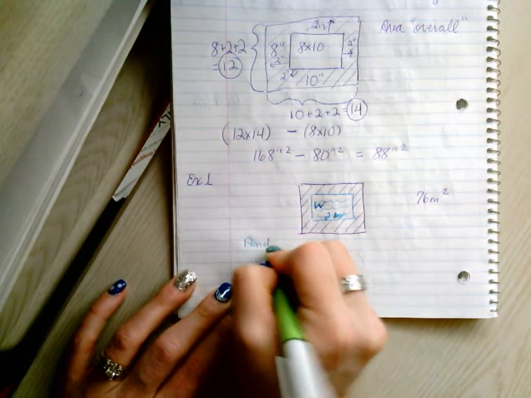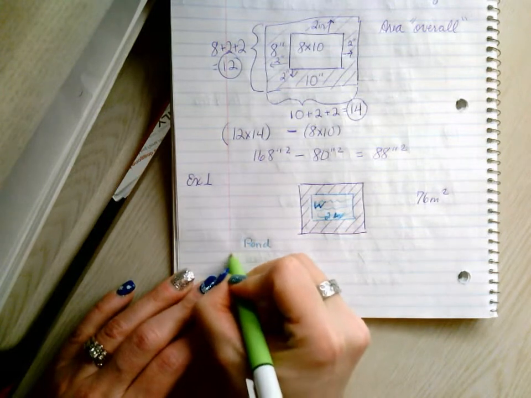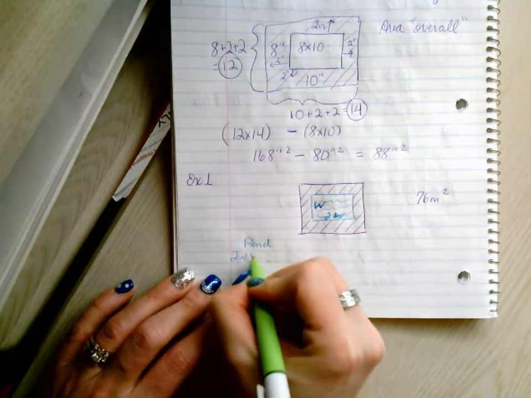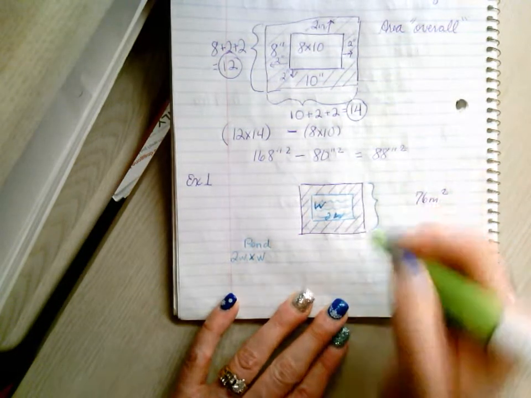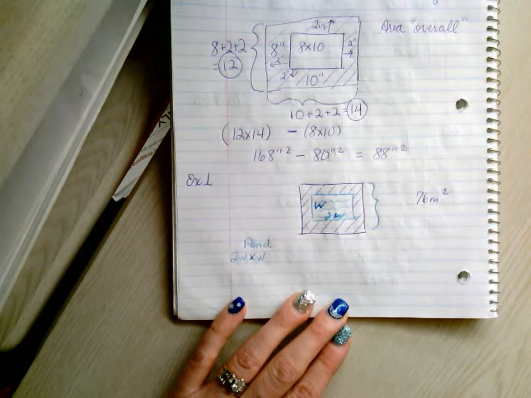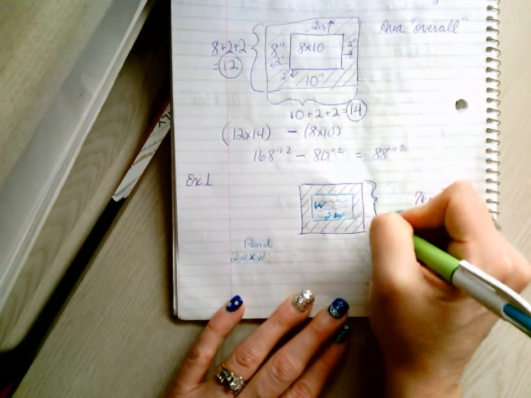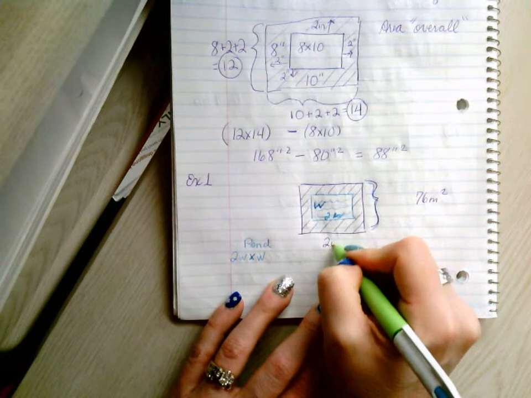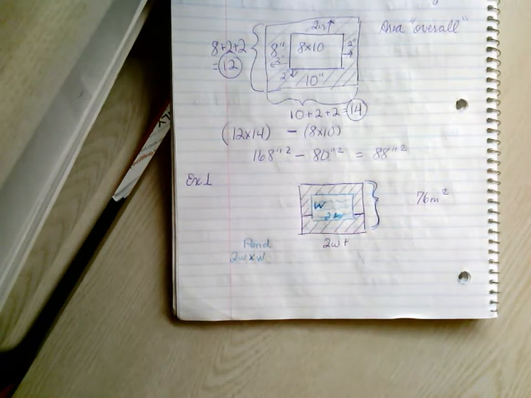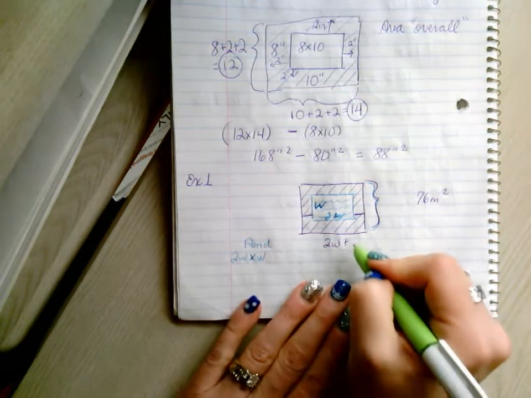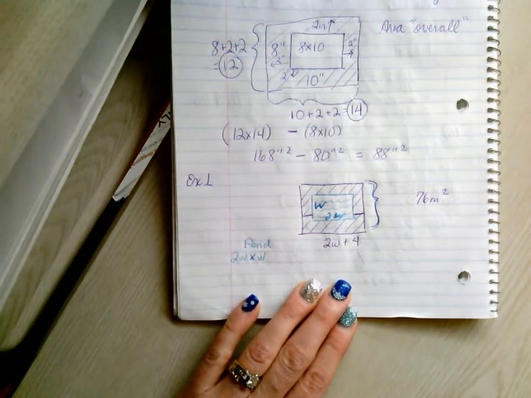These are really tricky. We know the pond has an area of 2W times W, right? And we know that the entire thing, pond plus walkway, is 2W plus 2 and 2, because remember it's 2 meters wide, so it's 2W plus 4.